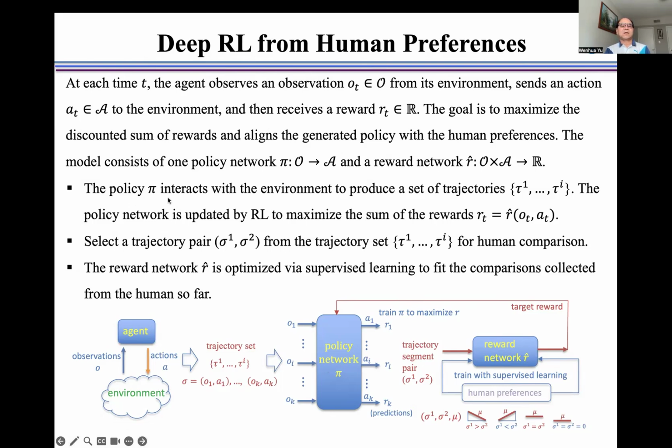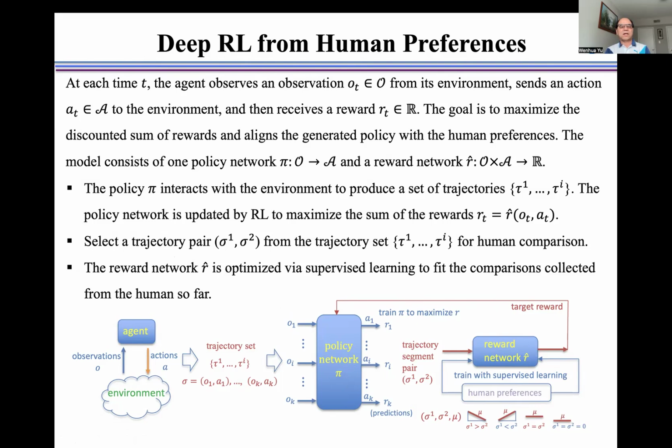First, the policy pi interacts with the environment to produce a set of trajectories from tau 1 to tau i. The policy network is updated by reinforcement learning to maximize the sum of the rewards r_t, as shown here. Select a trajectory pair, sigma 1 and sigma 2, from the trajectory set for human comparison.